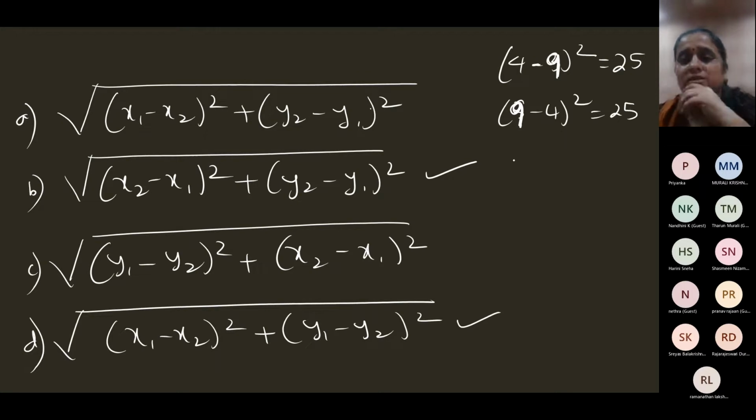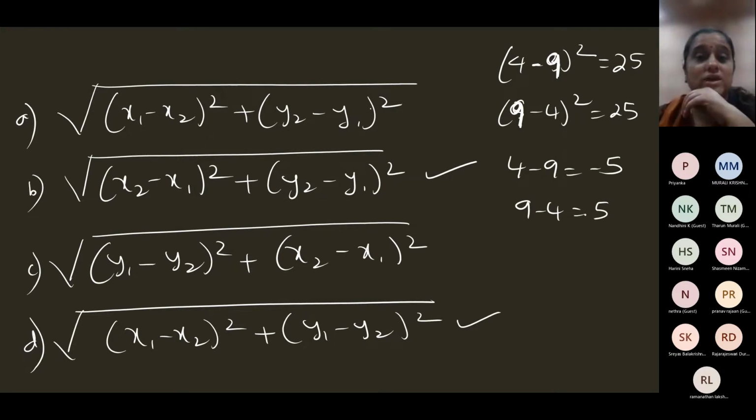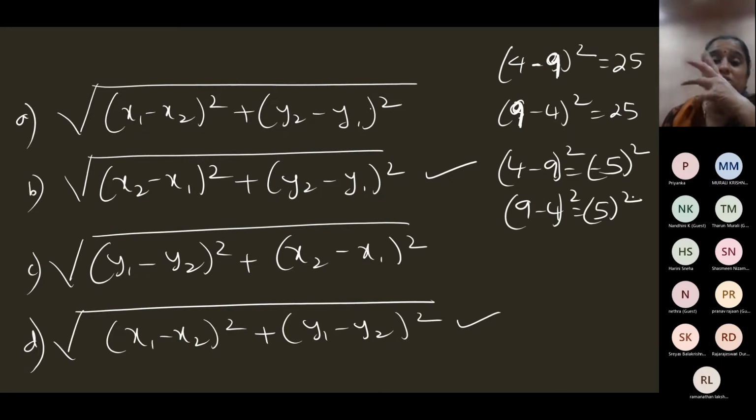See, 4 minus 9 is minus 5, and 9 minus 4 is 5. They are not the same. But 4 minus 9 the whole square and 9 minus 4 the whole square, minus 5 the whole square and 5 the whole square, both are the same. That means the value of (x1 minus x2) the whole square and (x2 minus x1) the whole square is the same.